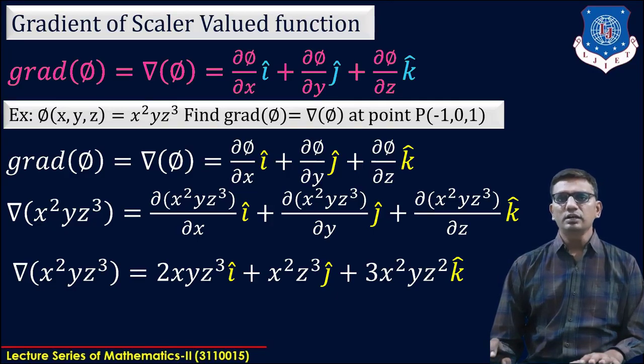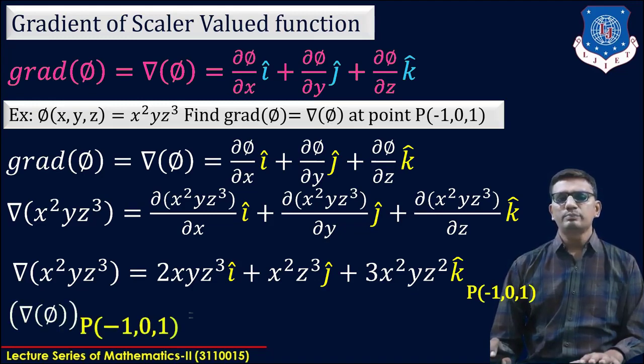Now we will put the point (-1, 0, 1) in the gradient of phi. Then finally we get the gradient of phi at point P, which is (-1, 0, 1), equal to 0 i caret plus j caret plus 0 k caret. So the final answer is only j caret.